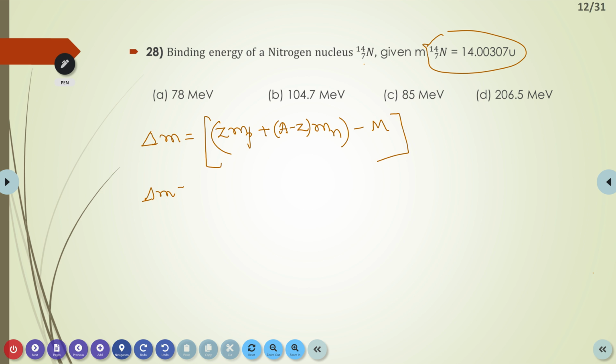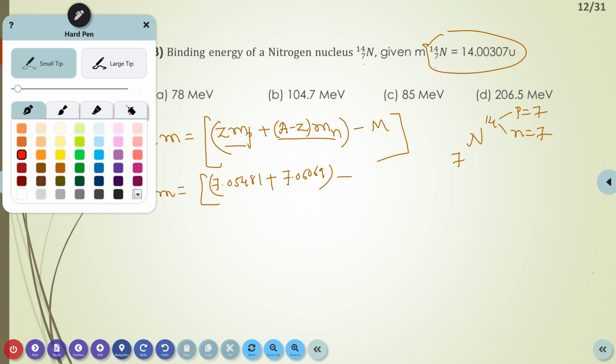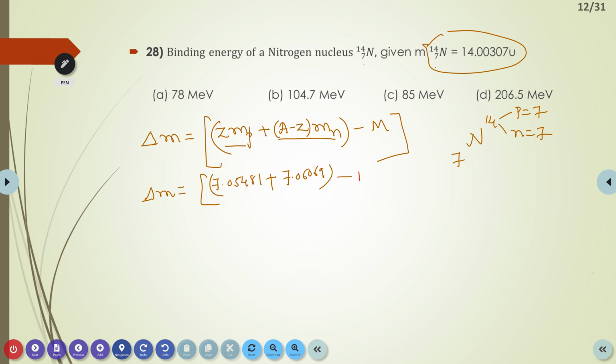Here delta M equals, for this nitrogen 7, 14, it contains protons equal to 7 and neutrons equal to 7. The total mass of the protons comes around 7.05481 plus the entire mass of the neutrons, 7.06069, minus the actual mass of the nucleus, which is 14.00307 AMU.